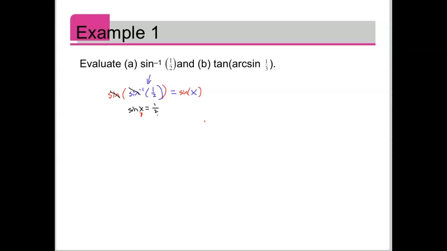All right. Well, negative pi over 2 and positive pi over 2. That's either this quadrant, right? Or this quadrant. Because this is pi over 2 up here. This is negative pi over 2 down here.